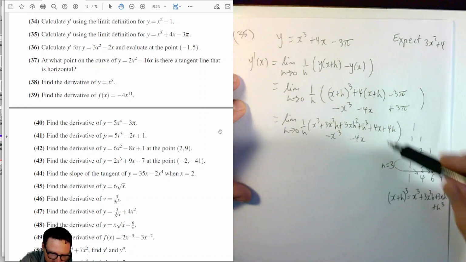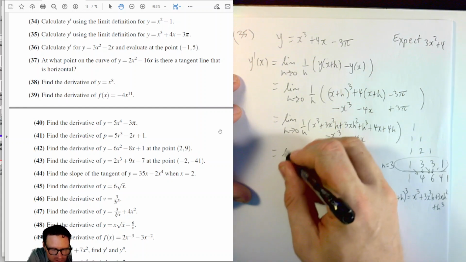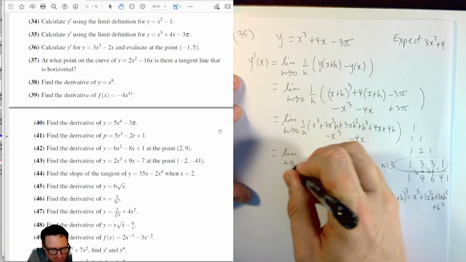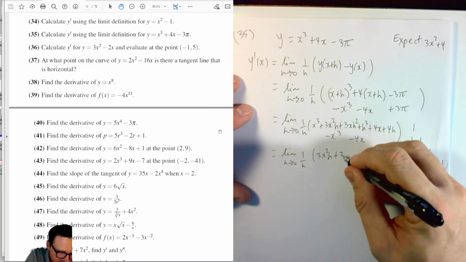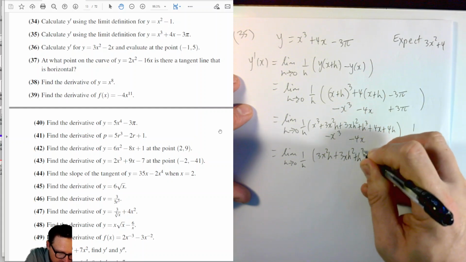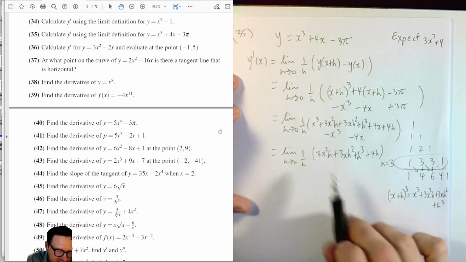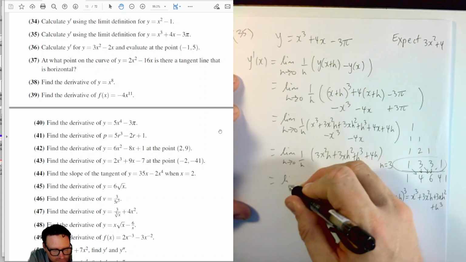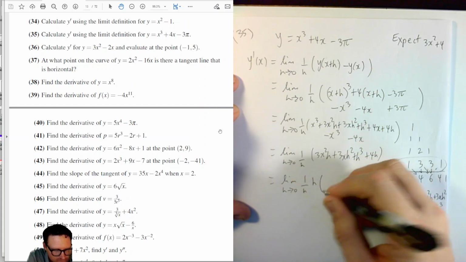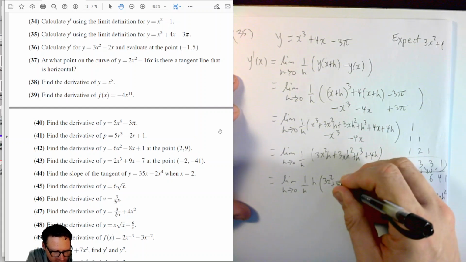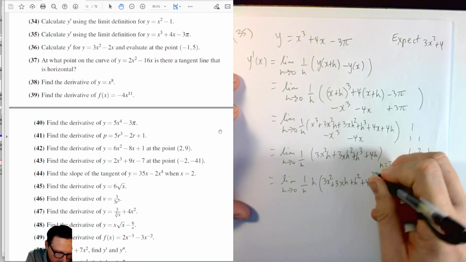Okay, let's let these vanish. x cubed minus x cubed is 0. 4x minus 4x is 0. So we have the limit as h goes to 0, 1 on h, 3x squared h plus 3x h squared plus h cubed plus 4h. Okay, now we need to factorize the h out. We're left with 3x squared plus 3xh plus h squared plus 4.